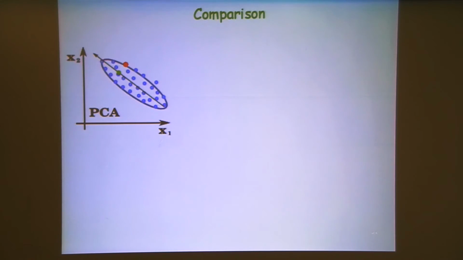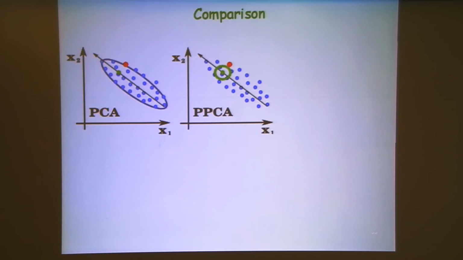It's a projection, right? A probabilistic extension of PCA is probabilistic PCA, where the conditional distribution is going to be a Gaussian. And so the mean is, again, very much like in PCA, a projection on the principal components. And the covariance is spherical, okay?